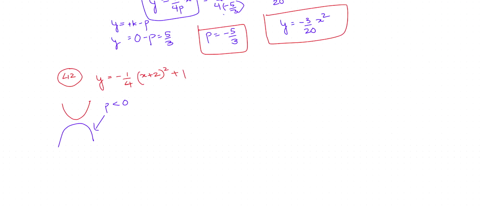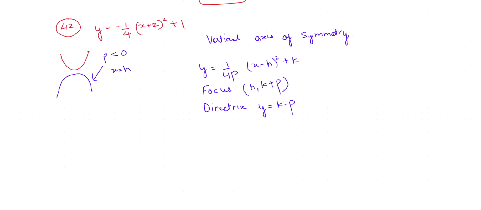Now let's match this to the equation of the parabola when the axis of symmetry is x is equal to h. So this has a vertical axis of symmetry, and these are the equations: this is the equation of the parabola, and this is the focus and directrix.